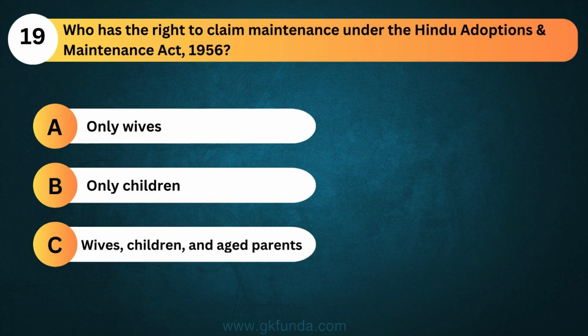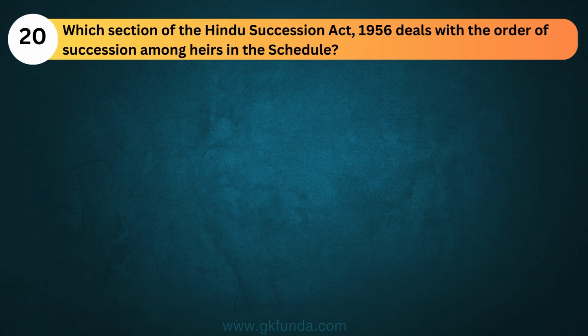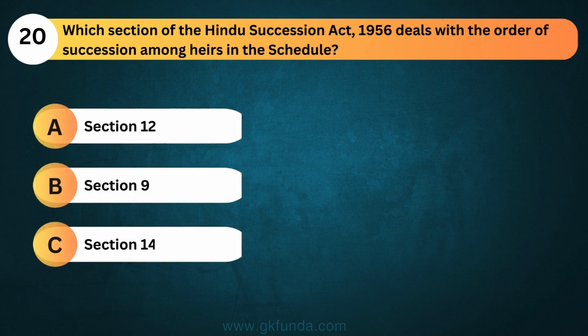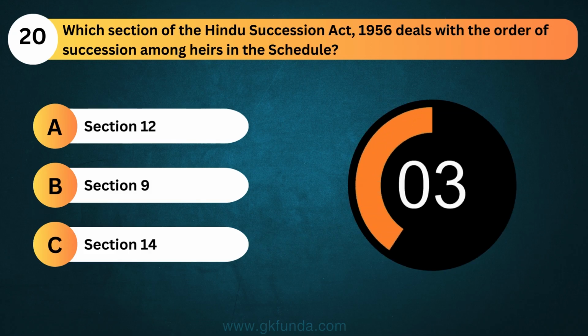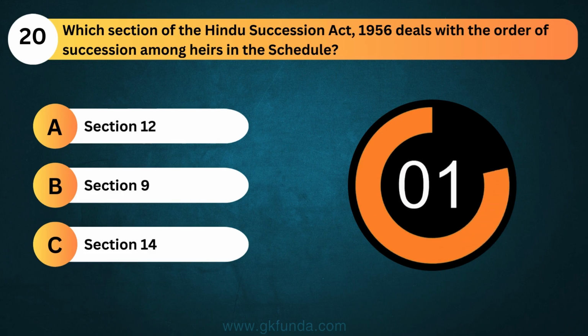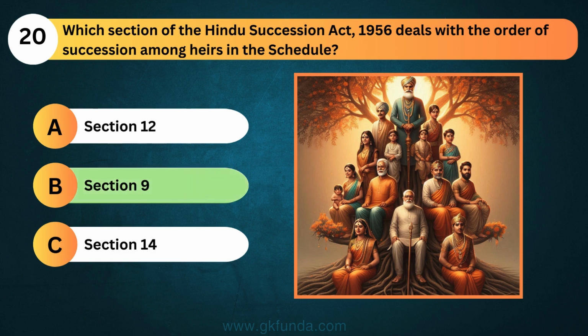The answer is option C, wives, children, and aged parents. Which section of the Hindu Succession Act 1956 deals with the order of succession among heirs in the schedule? The answer is option B, Section 9.